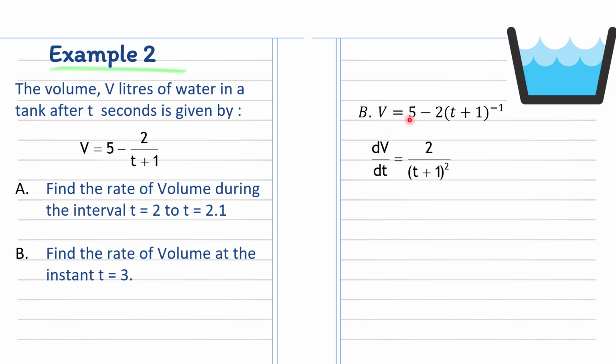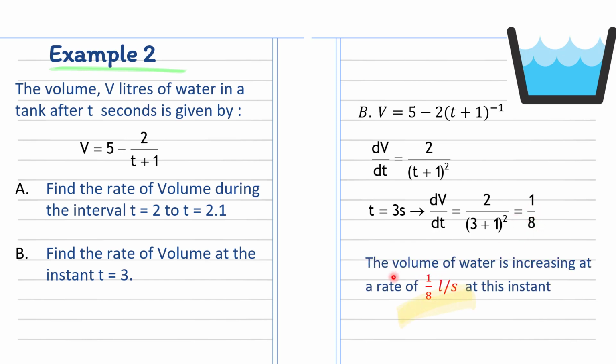We change the v function to 5 minus 2 times t plus 1 to the power of negative 1, and dv/dt becomes 2 over t plus 1 squared, right? Then when you substitute t is 3, dv/dt becomes 2 over 3 plus 1 squared, and we can simplify dv/dt to become 1 over 8. So here the volume of water is increasing at the rate of 1 over 8 liter per second at this instant.